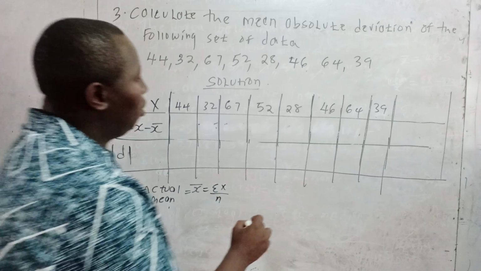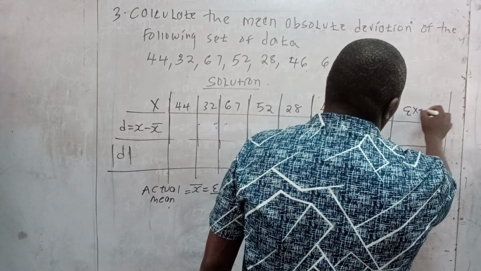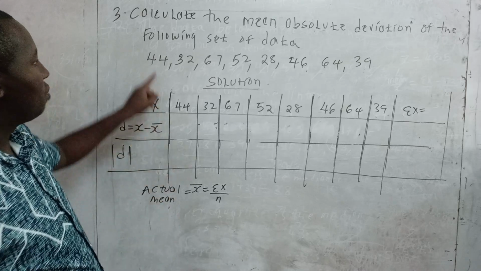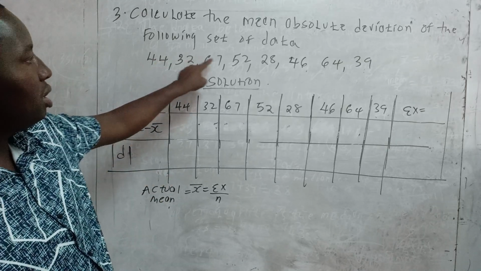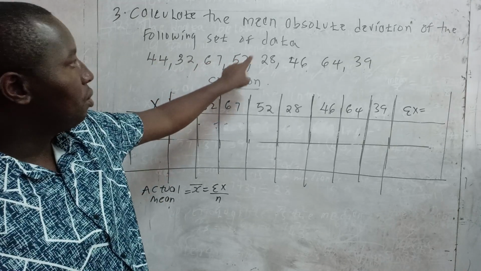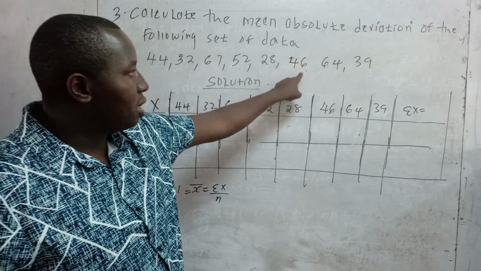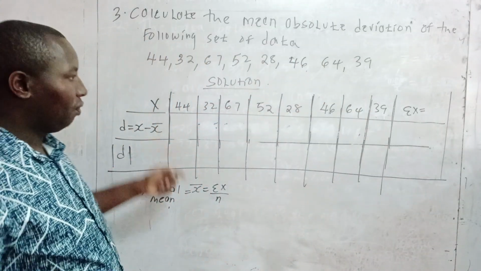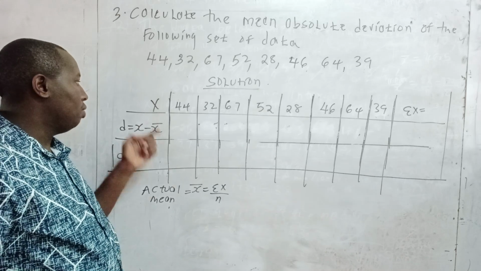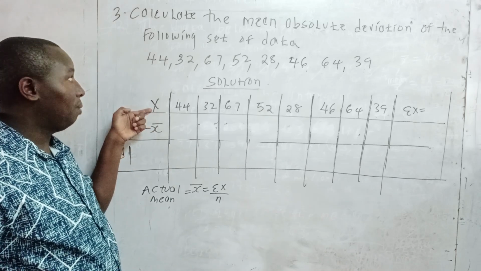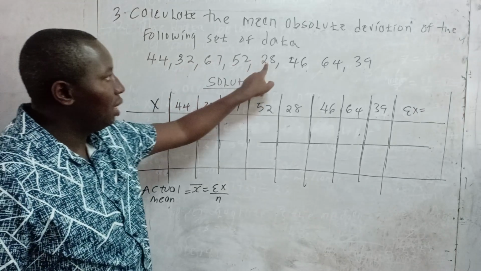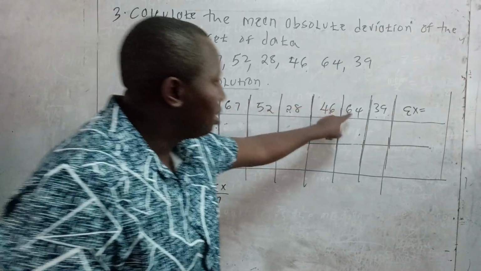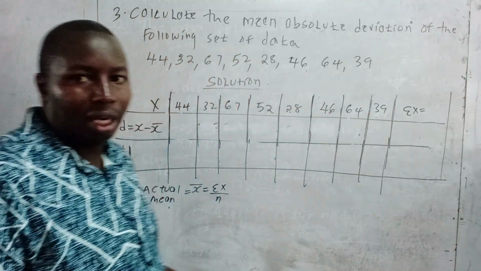So you get the sum of the given set of data, which is 44, 32, 67, 52, 28, 46, 64, 39. Make a table where you have the values of x. You can confirm them, they are 8 values.